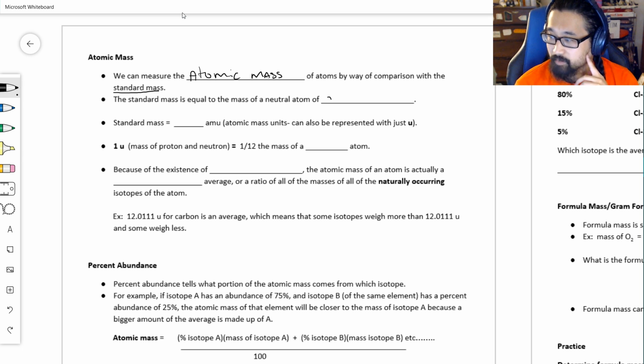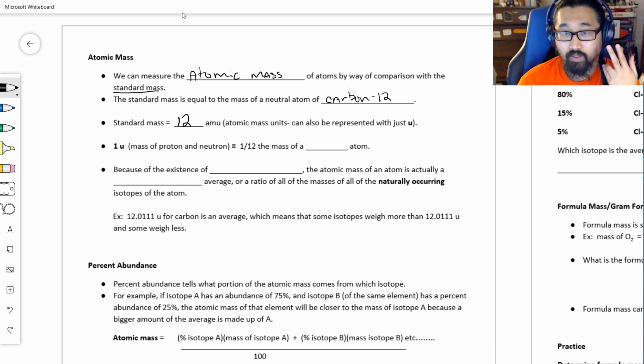The standard mass is considered exactly to be the mass of a neutral atom of carbon-12. You remember, we talked about that notation with isotopes. Name dash number means it's that element with that exact mass, so carbon-12. Which means that the standard mass is 12 atomic mass units.